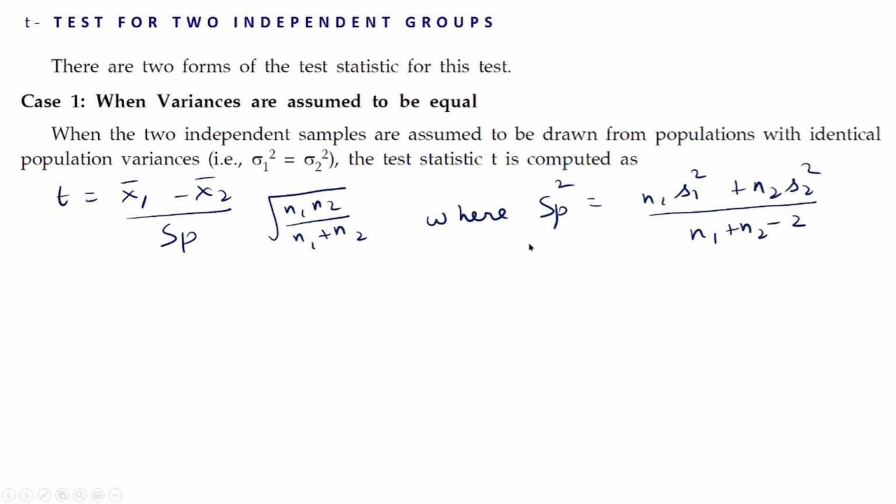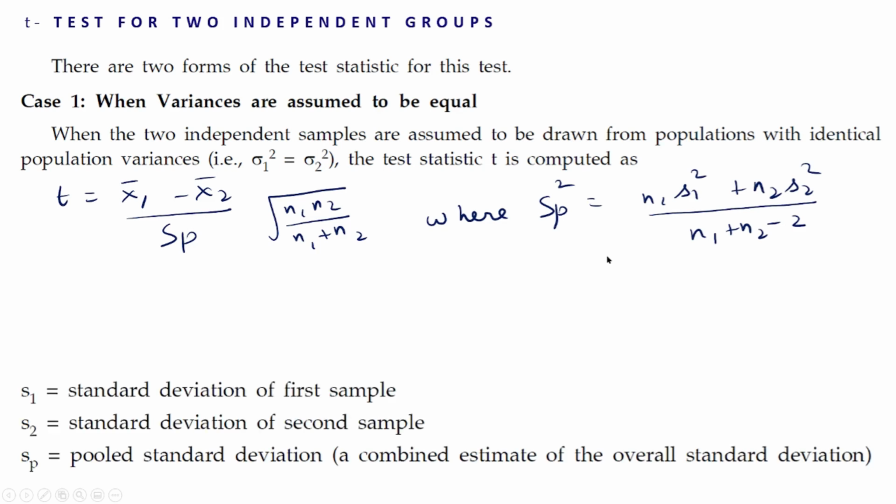Here S1 is the standard deviation of the first sample, S2 is the standard deviation of the second sample, and Sp is the combined estimate of the overall standard deviation. So this is the first case.